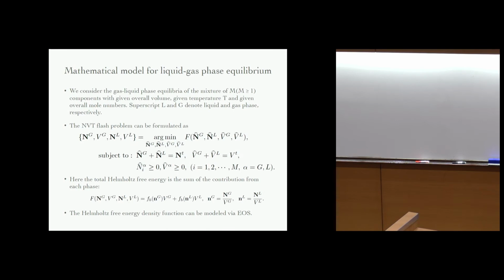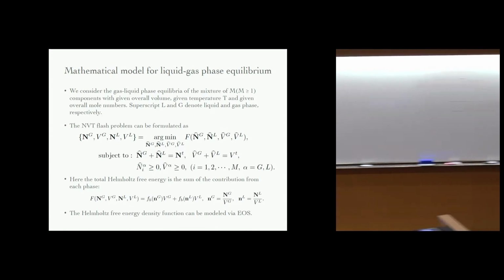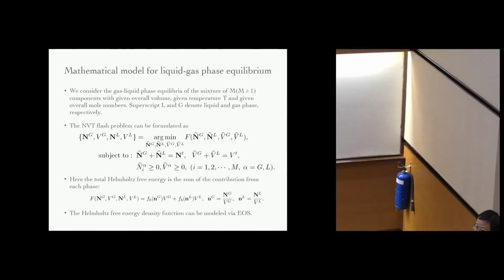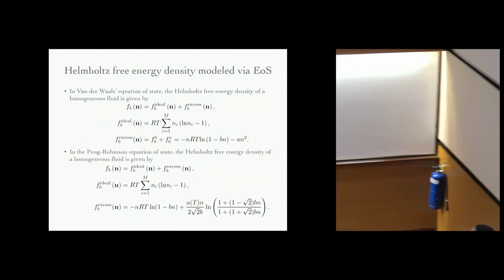This is a formulation for NVT flash calculation that does not involve an interface, so only for the two bulk phases. Basically, we have a Helmholtz free energy definition, which was already defined, and we minimize it over the splitting such that this is minimized. That is actually a statement of the second law of thermodynamics. So this is just an optimization problem.